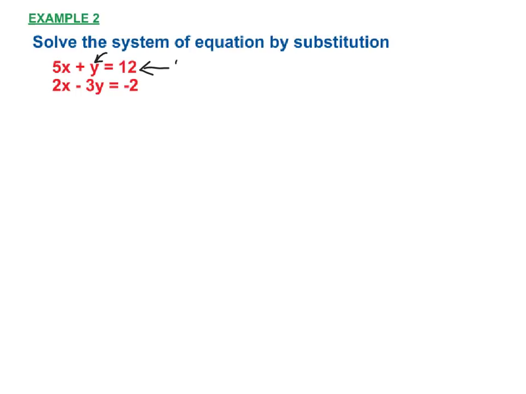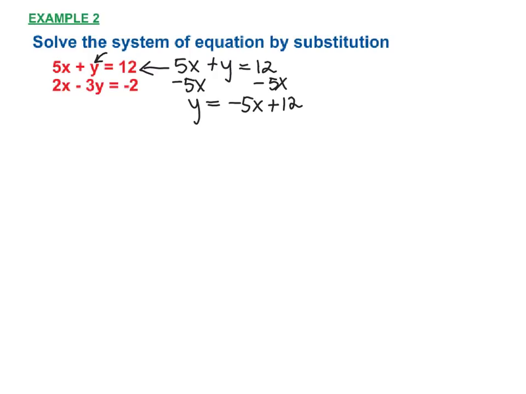If we have 5x plus y is equal to 12, I'm going to subtract 5x from both sides, and I'll get y is equal to -5x plus 12. You could do 12 minus 5x, but when I solve for y, I always put it in slope-intercept form. It's just habit.